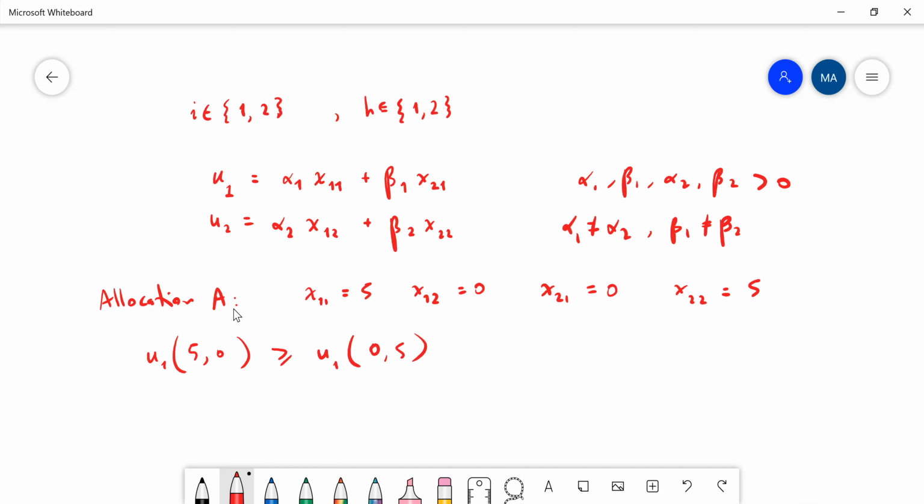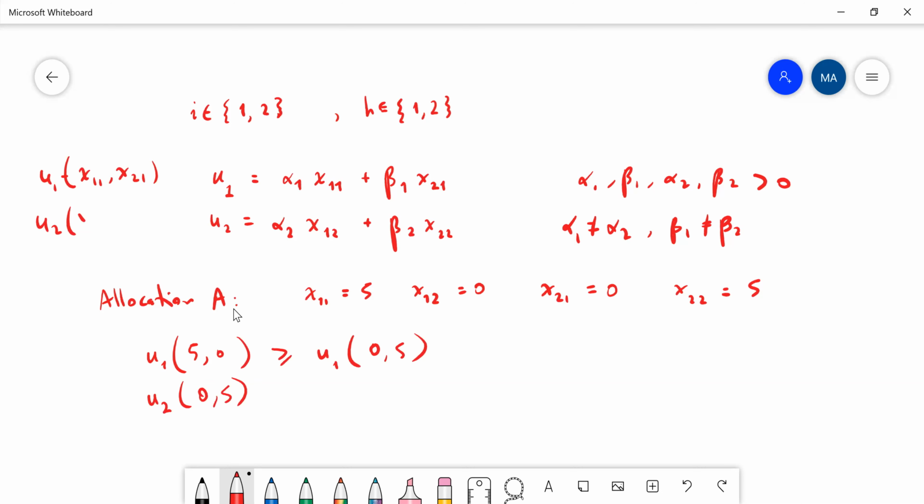And then we also require U2, 21 and 22, sorry. Wait, I have a problem here. So U1 is a function of x11, x21.